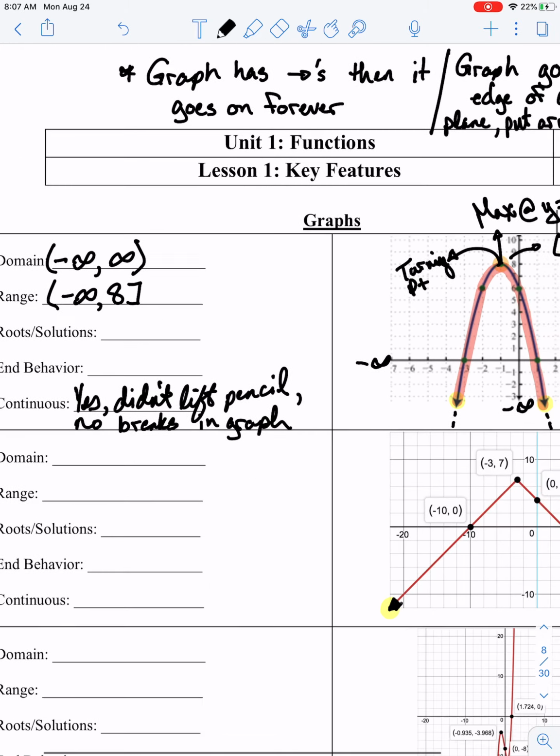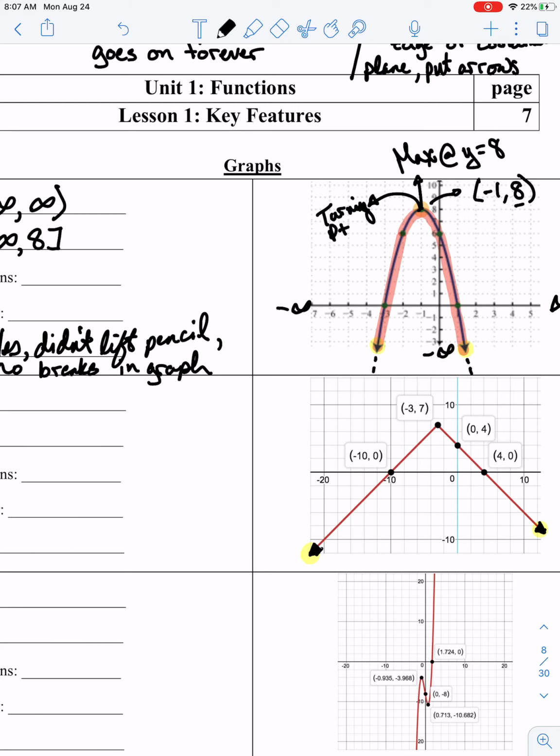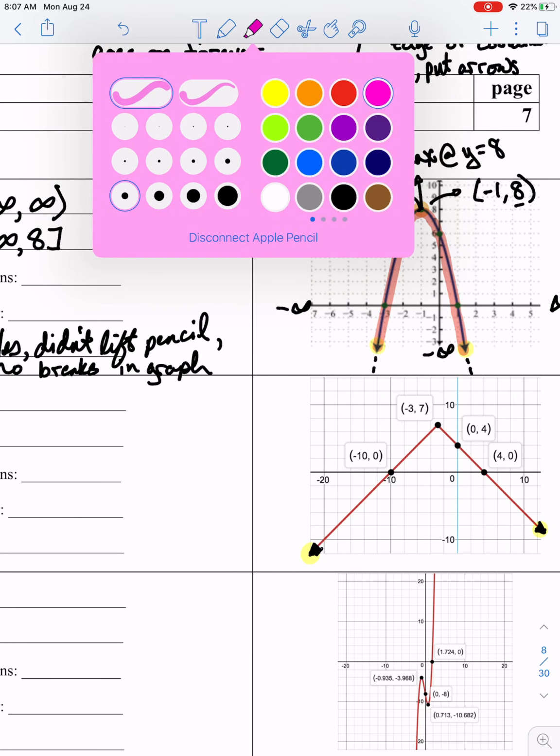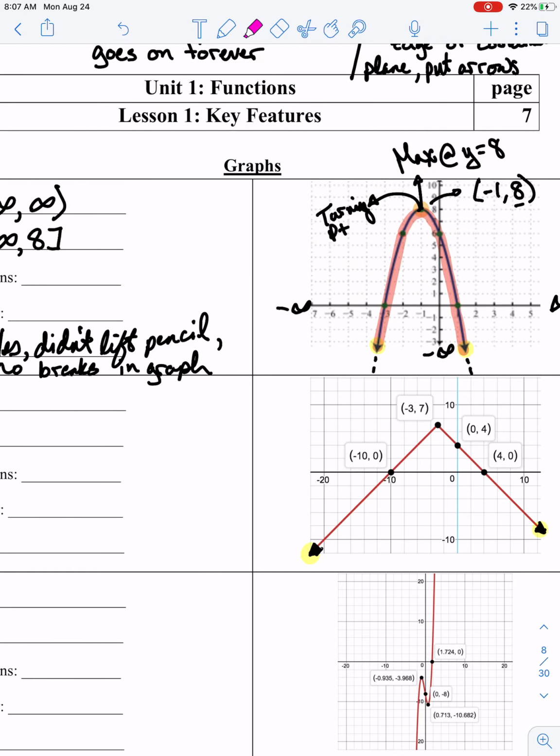So roots are solutions to this question. Again, I want to find where it crosses, touches, or intersects the x-axis. So again, I'm going to go from left to right, and I see it touches right here. I keep on going to the right, and it touches right there.